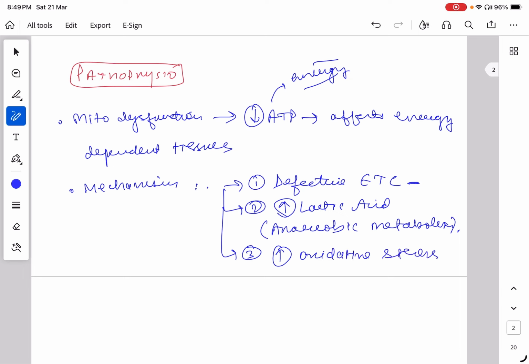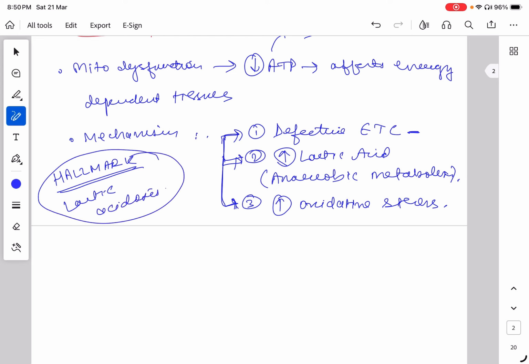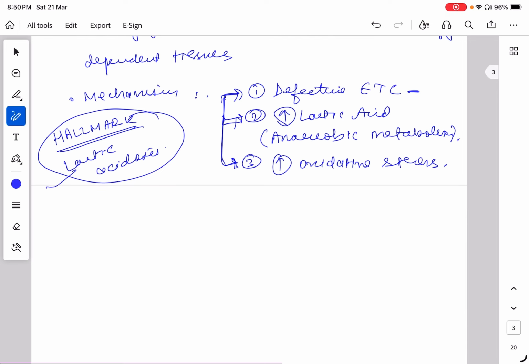So these are three mechanisms which occur in the pathophysiology of mitochondrial disease. So what is the hallmark basically? Lactic acidosis can be considered the hallmark. If in any clinical scenario lactic acidosis is given, then we can suspect mitochondrial disease in that particular patient.